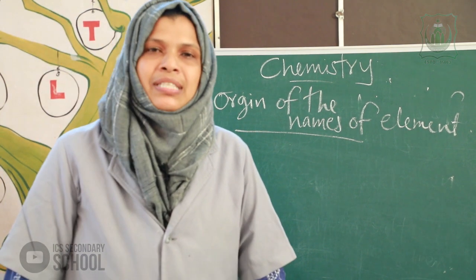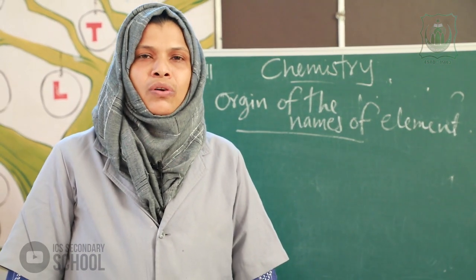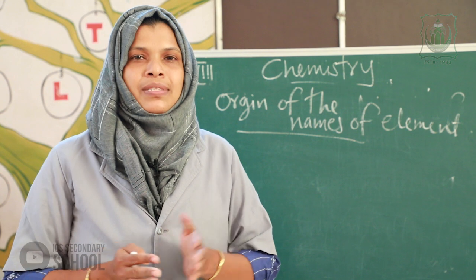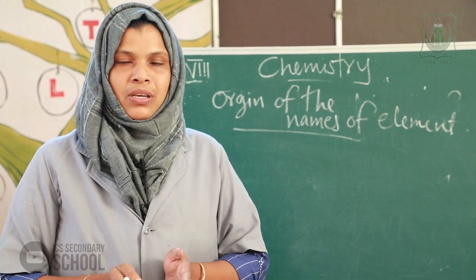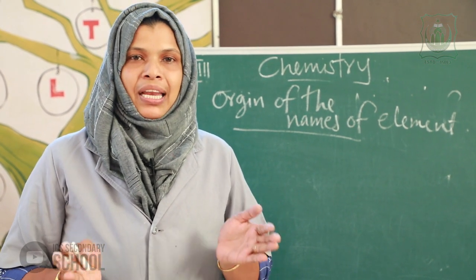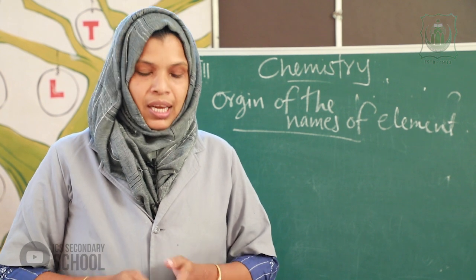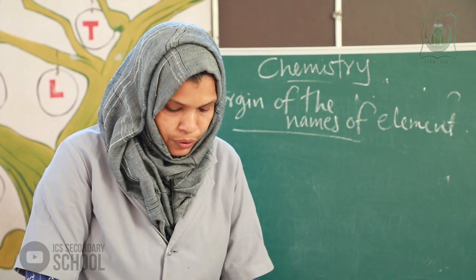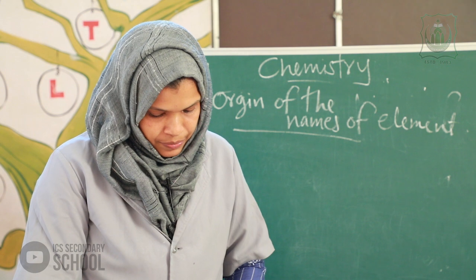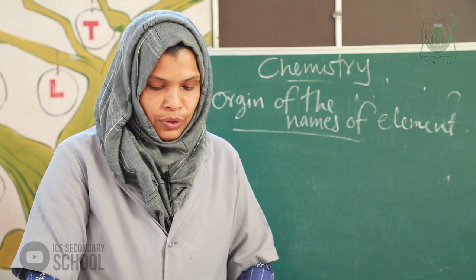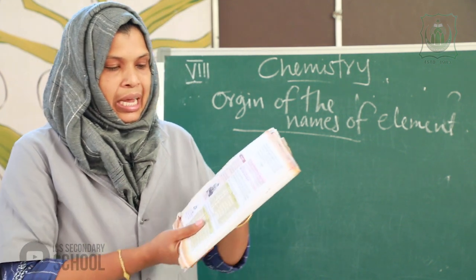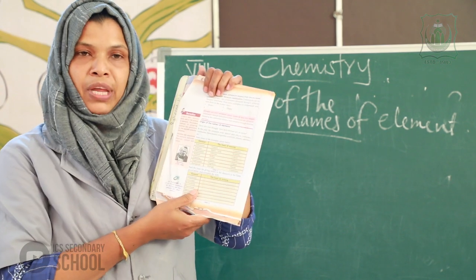The naming of some elements are based on or derived from some countries' names or scientists' names or planets' names, etc. Here is a table for you in your textbook, page number 52. The elements and the basis of naming.